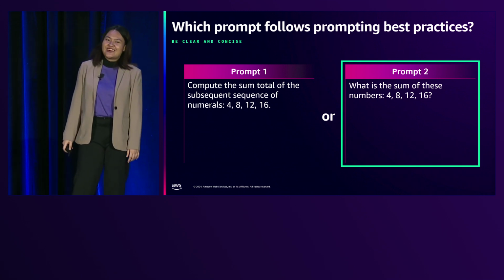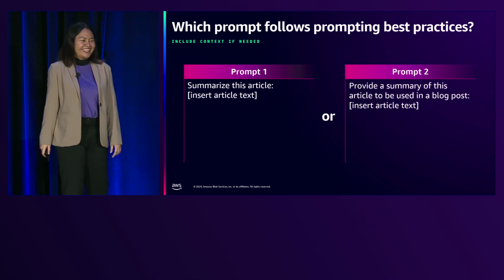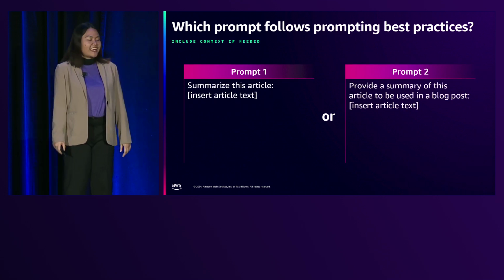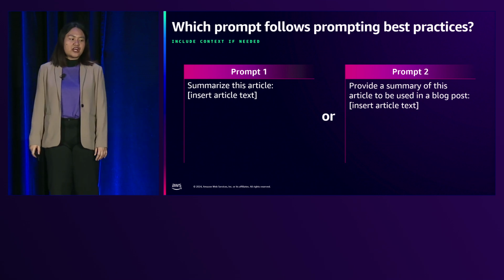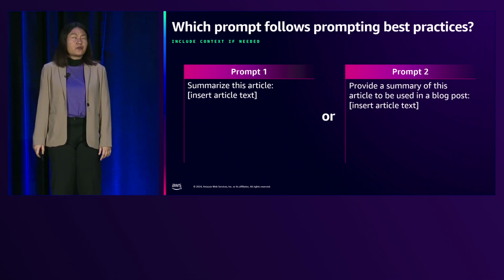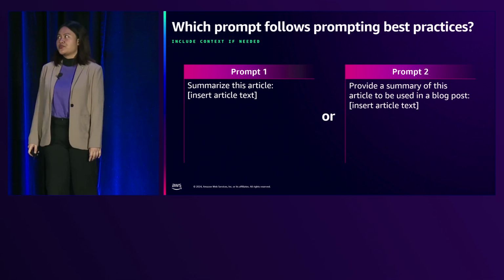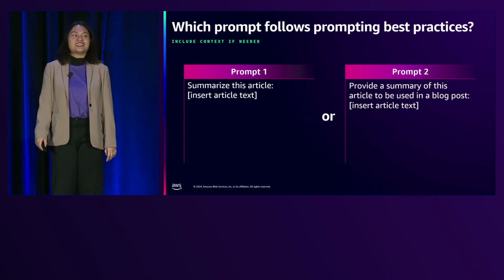All right, are you ready for the next one? We still have a couple of questions. Okay. So the second one would be best practices for include context if needed. Okay, so I will give you around 10 seconds to read through the prompt. Right?